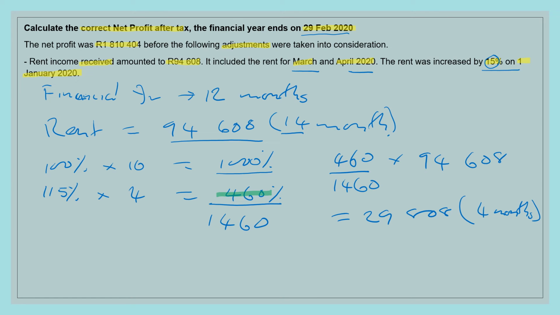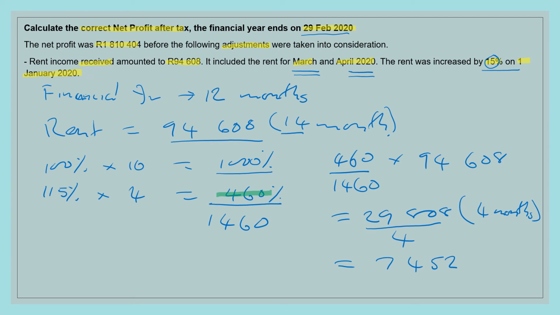This was rent received from January to April, right? Total rent received for January to April, for 4 months. But what we need to adjust for is these 2 months that we received in advance. So basically, what you do is you divide this by 4. If you divide it by 4, you get 7,452.